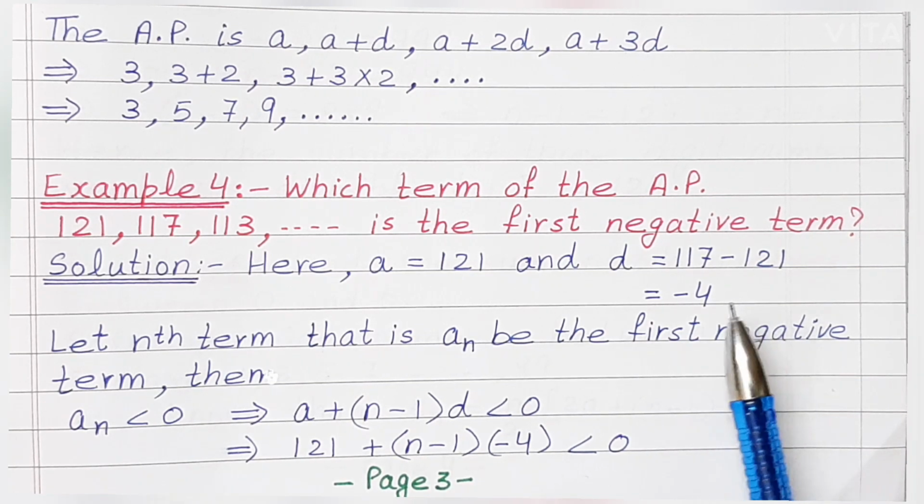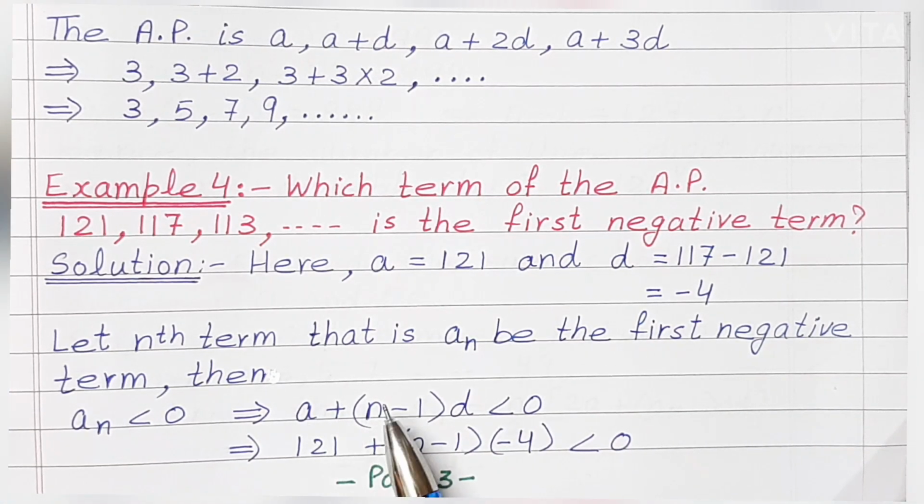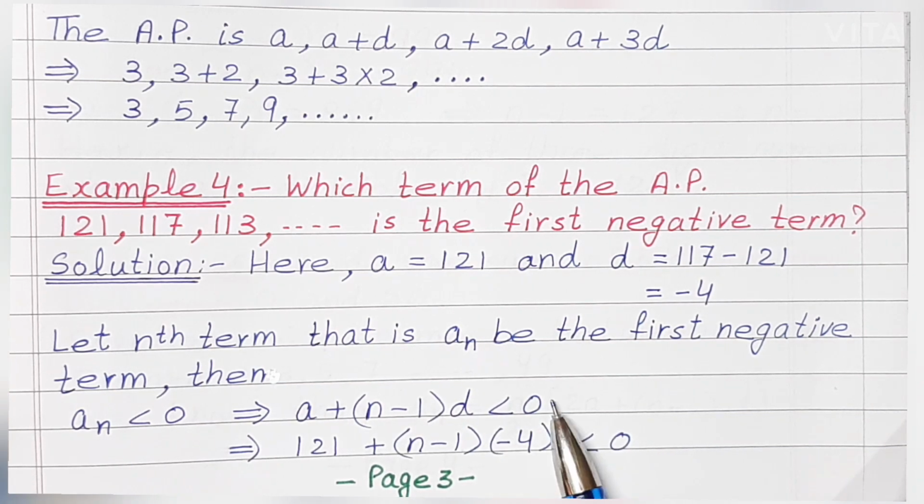So the formula to find nth term is A plus (n minus 1)D. So A is 121, n minus 1 as it is, D is minus 4. Now it should be less than 0. Why less than 0?